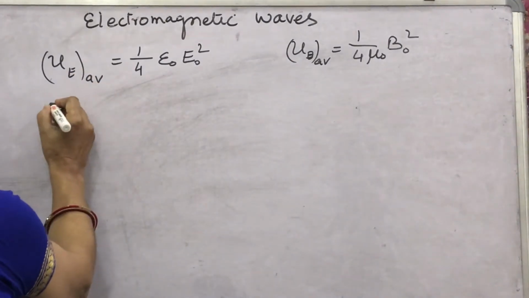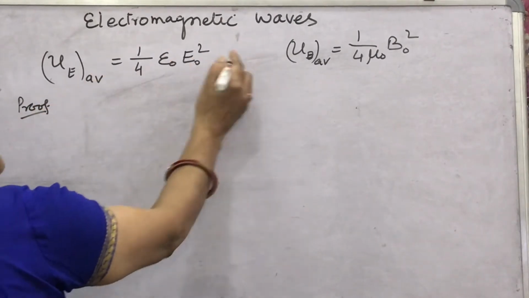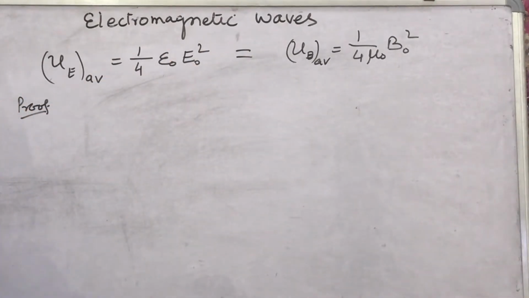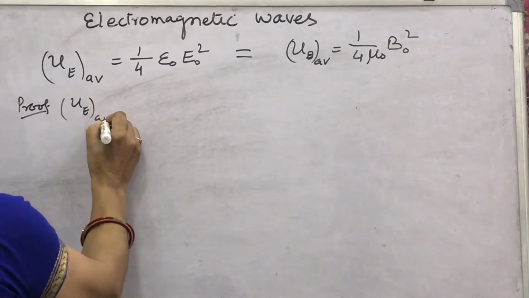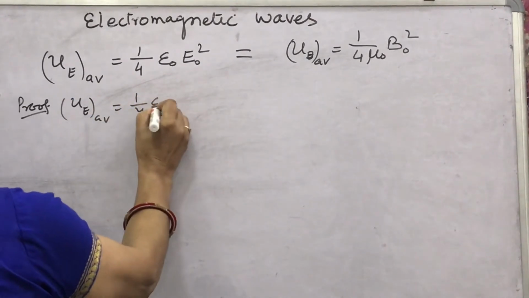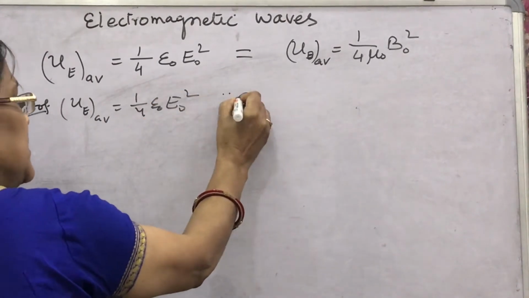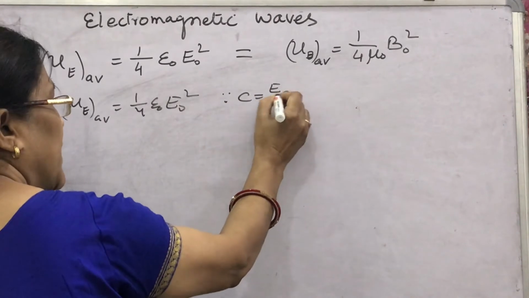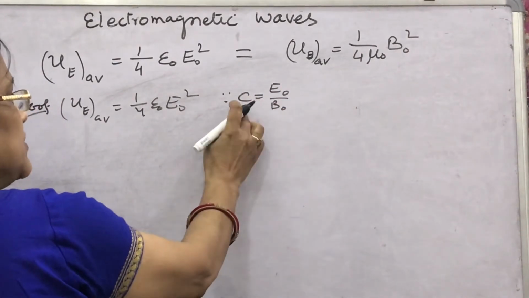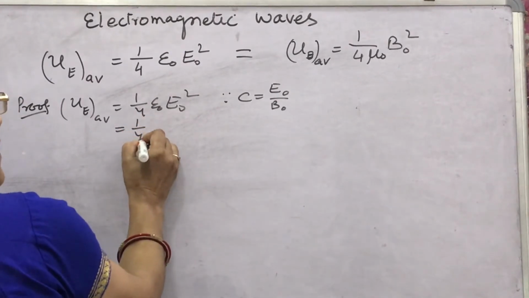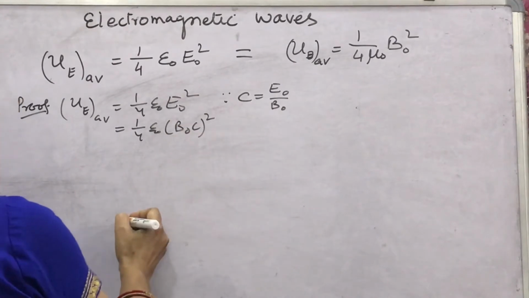So proof, I am proving this as equal to this one. Let us see, UE average is 1 by 4 epsilon naught E naught square. You know, since C equals E naught by B naught, E naught will be B naught into C. Put here 1 by 4 epsilon naught (B naught C) whole square.